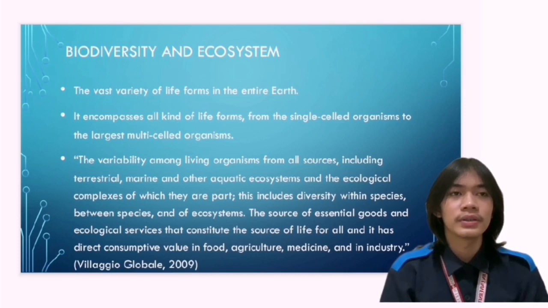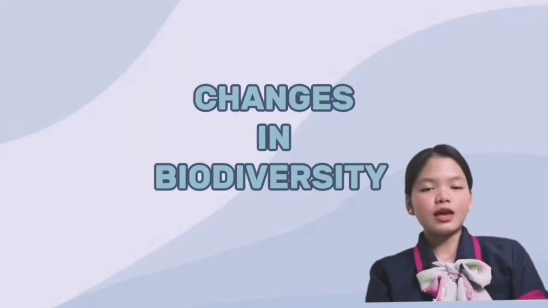Diversity of organisms is different among terrestrial, marine, and aquatic animals. Moreover, diversity of organisms can also be based depending on the contribution of the organism to the food, agriculture, medicine, and in industry. Our second reporter is Mariel Gilawag.